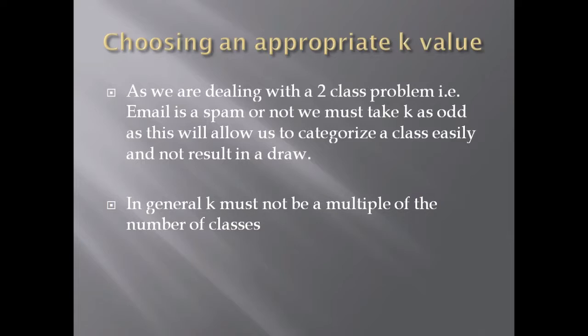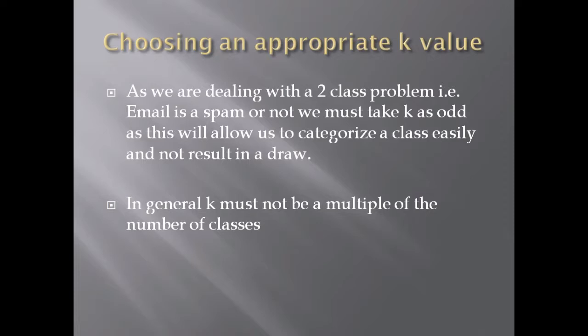An important part of this algorithm is choosing an appropriate k value. In our case, we are dealing with a two-class problem, right? An email is either spam or not spam. So we have two classes, spam and non-spam. Therefore we have to take k as odd, which allows us to categorize the class easily and not result in a draw.